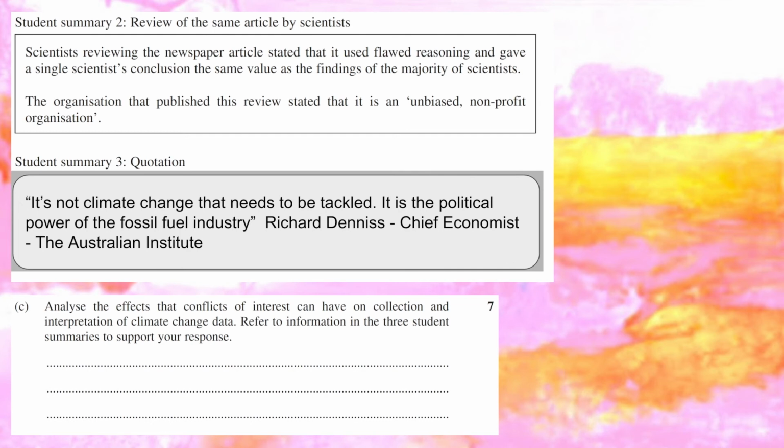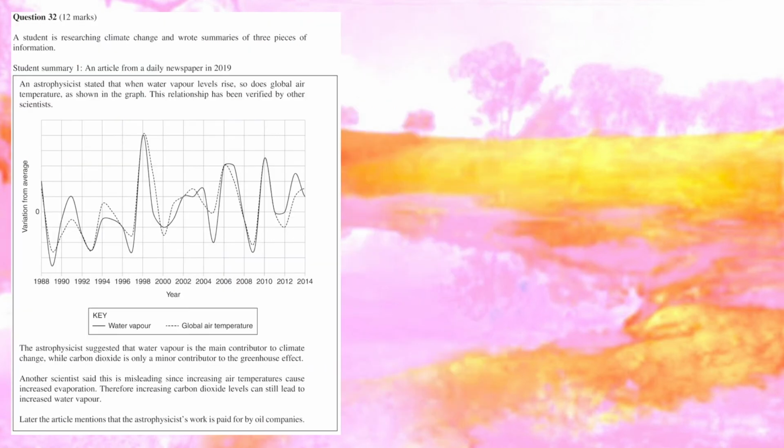So a strategy here for this 7-mark question, if you're a little bit unsure about this, is to simply write down as your starting point what each of the summaries is saying. So student summary 1 has a graph which shows water vapor and global air temperature, and the claim there by the astrophysicist that water vapor is the main contributor.